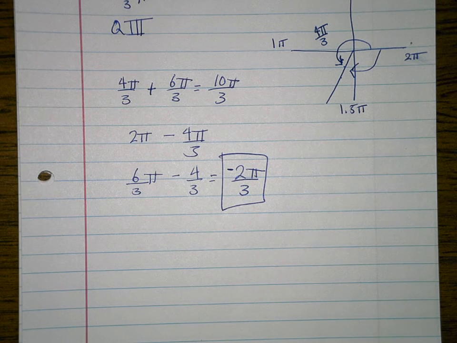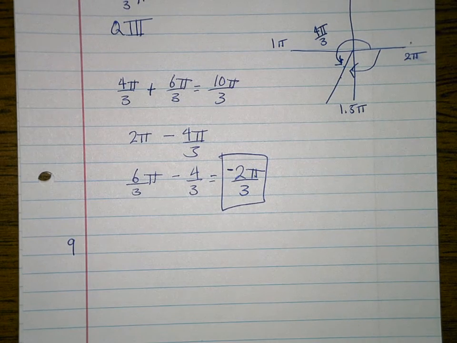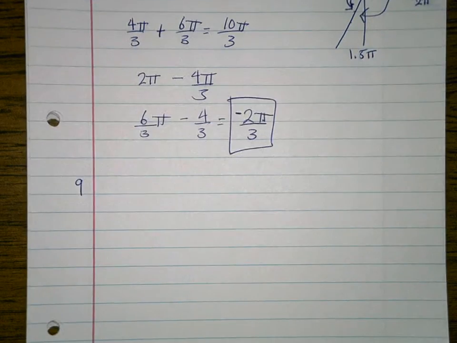Next question, number 9, says, sketch in standard position, determine the quadrant in which the angle lies, list one positive and one negative coterminal angle. So they want the same thing, but with degrees instead of radian measure.